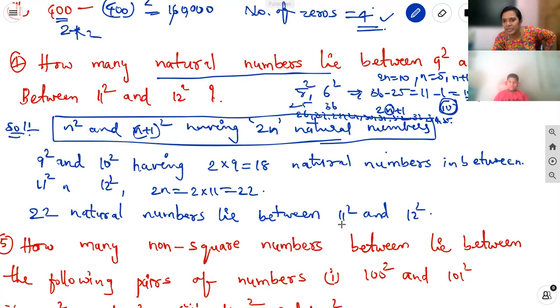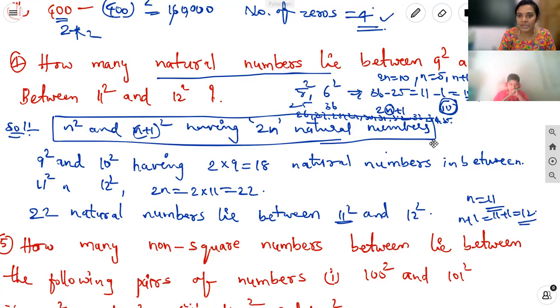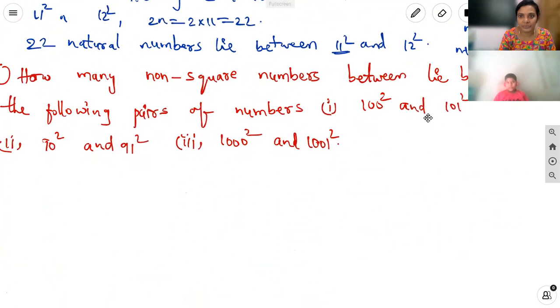Whatever the number you can take, what is n? Here n equal to 11. What is n plus 1? That is 11 plus 1 equal to 12. So, the squares of natural numbers, 11 or 12, whatever the number, the consecutive squares, in between them 2n natural numbers lie.